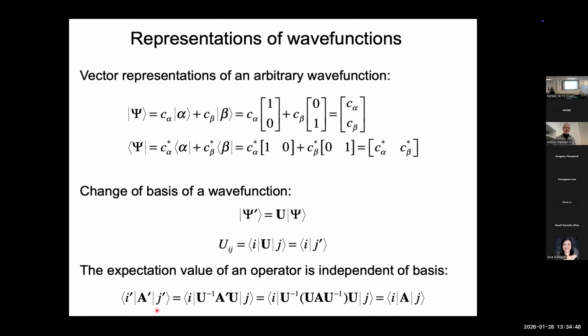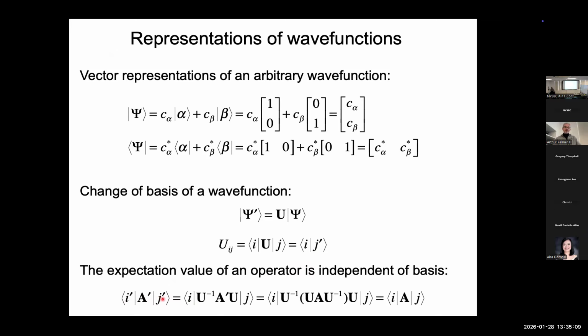What this means then, remember, is the expectation value was given by the bra times the Hermitian operator associated with some measurable times the ket.